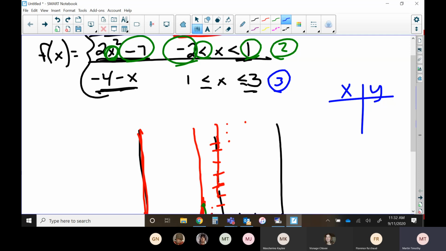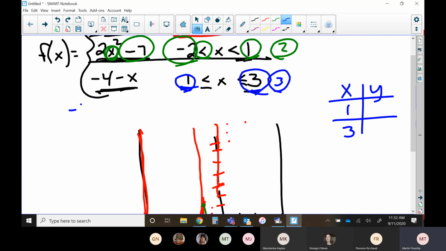I can just plug a 1 in. That would be one of my inputs. And what's the other one I can plug in? 1 and 3. I use these 2 numbers. That's where it's going to start, and that's where it's going to end.